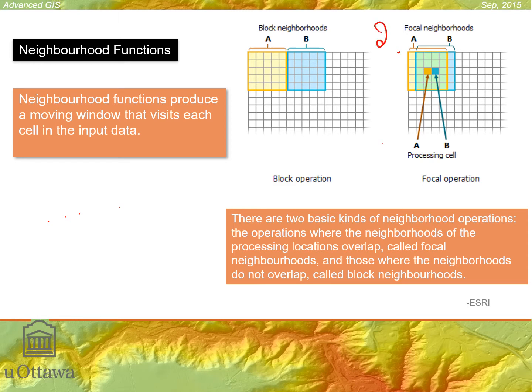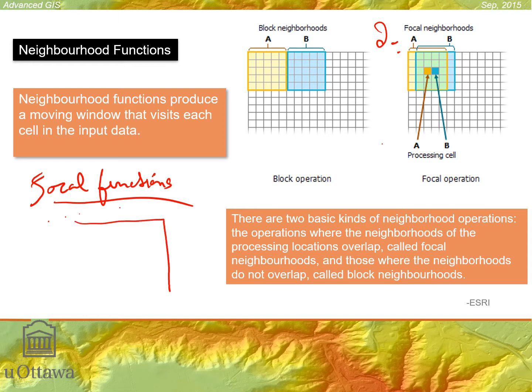In the second case, on the right, we have what are called focal neighborhoods. Those are the most common. So focal functions. Focal functions also use neighborhoods, and they're called focal functions because each neighborhood has a focus cell.